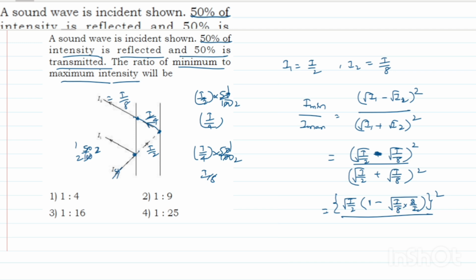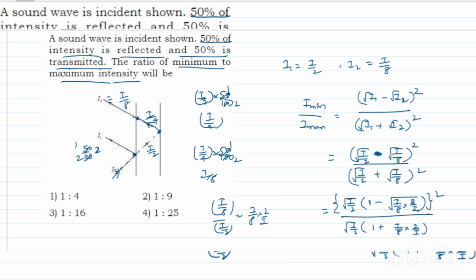And again in the denominator, taking root I by 2 common, this is 1 plus root of I by 8 into 2 by I, whole square.